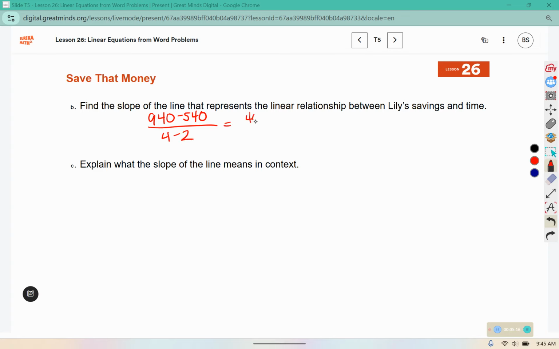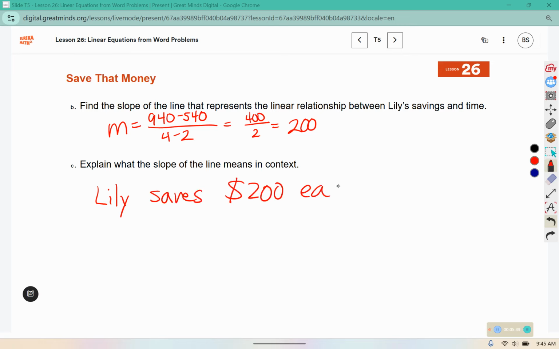So here that was a difference of 400 and a difference of 2, giving us a slope of 200. Explain what the slope of the line means in the context. That means she saves $200 each week.